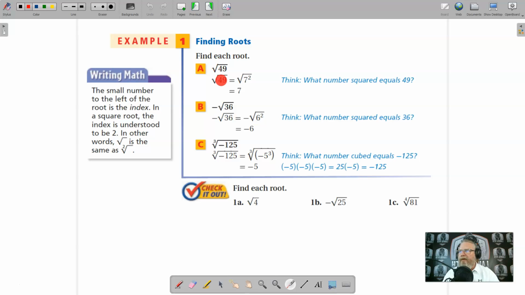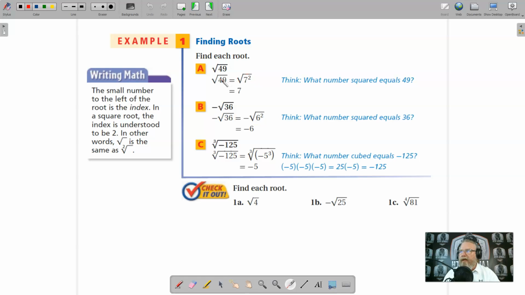So let's look for square root 49. And I am very used to just saying, if we're talking about the square root, just saying root 49. So from here on out, whenever I say root 49 or root of this number, root of that number, I'm speaking of the square root of that number. So root 49, well think, what number squared equals 49? Well, that number is 7. 7 squared is equal to 49.